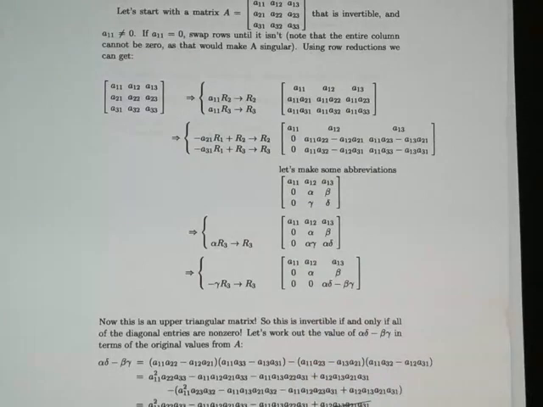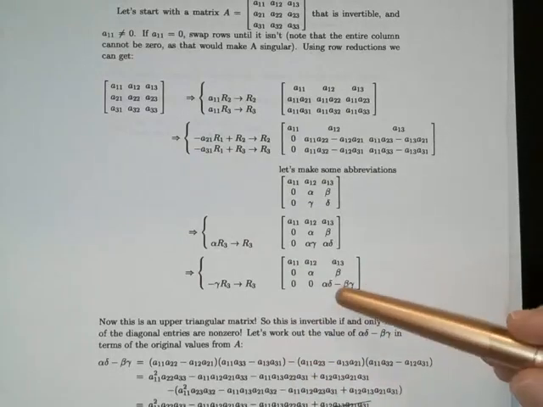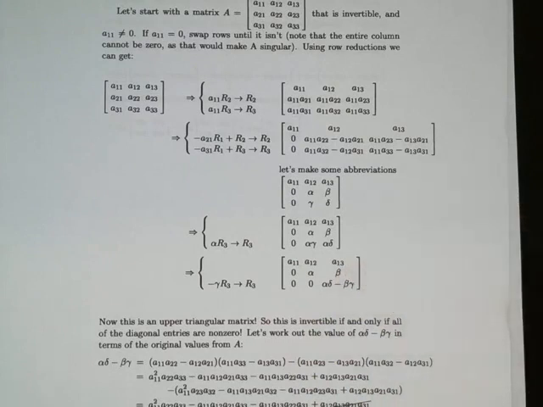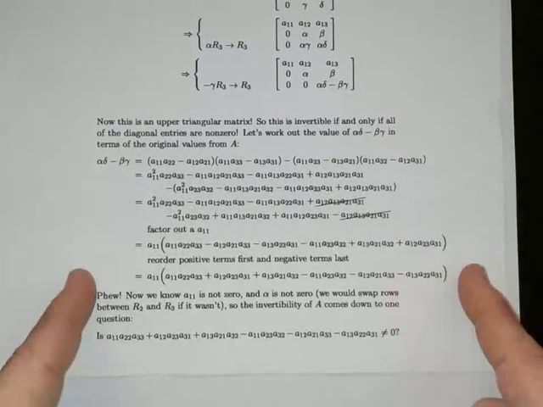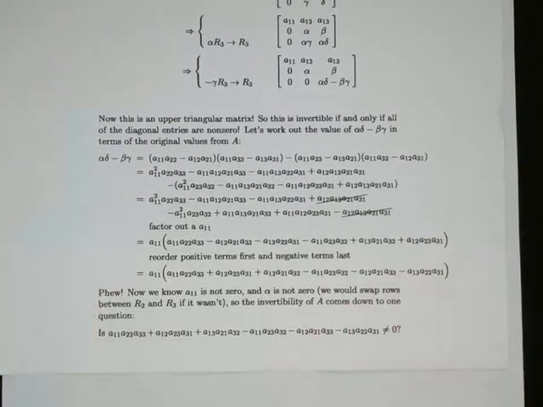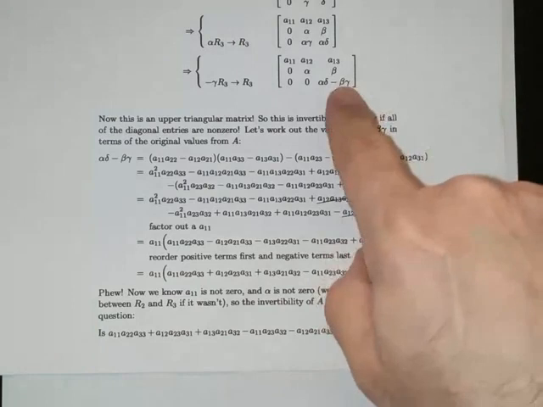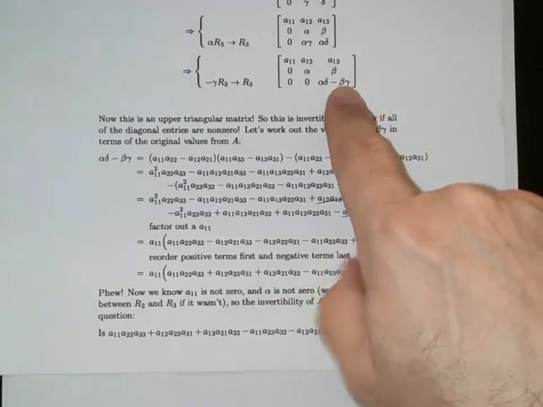Problem is, that bottom expression in the lower right corner here, that actually is disgusting. And all I need to know is if that thing is 0 or not. So really, if that's 0, then I don't have a third pivot.